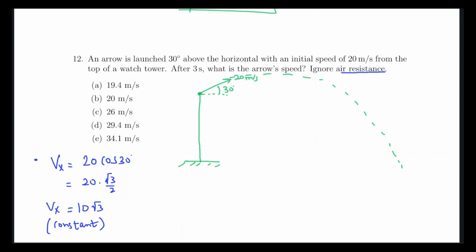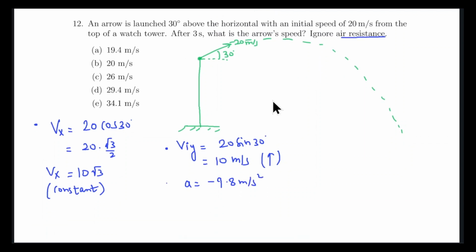For the vertical, the initial vertical velocity will be v sine theta. So 20 sine 30. 20 sine 30 is 1 over 2, but you can use a calculator as well. So that's 10 meter per second going up. And in the vertical, acceleration is obviously negative 9.8 meter per second square.